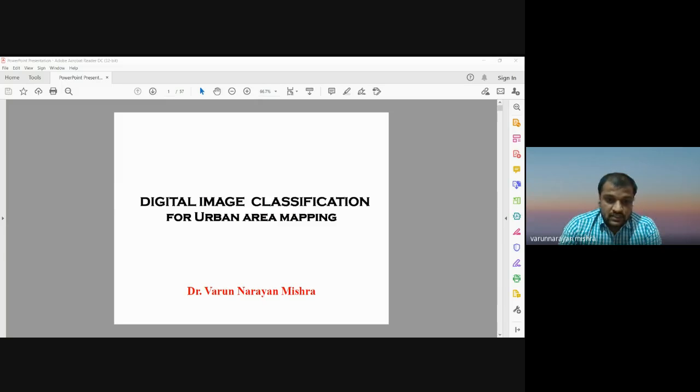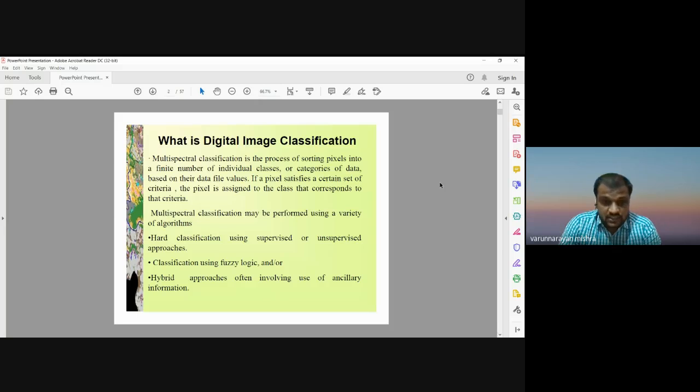Before starting the topic, first we should know what is digital image classification. As we all know, all these remote sensing images are in the multispectral mode, meaning the images are acquired at different wavelength intervals. So the digital image classification technique is the process of sorting out or grouping the pixels into a finite number of individual classes or categories based on their data file values.